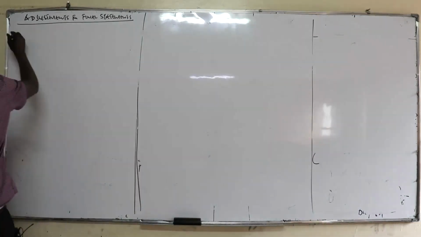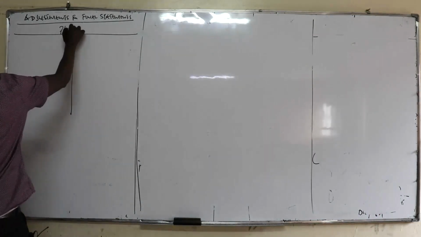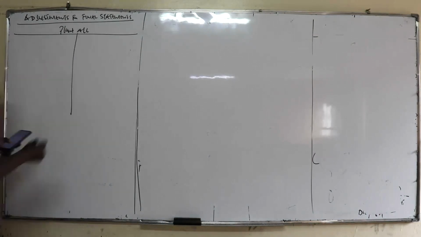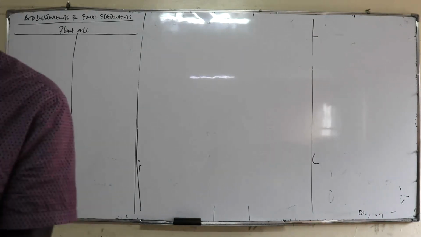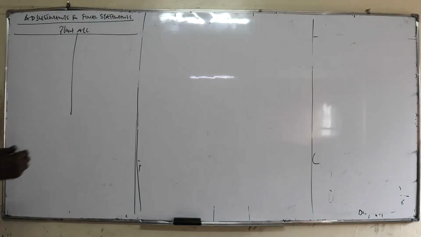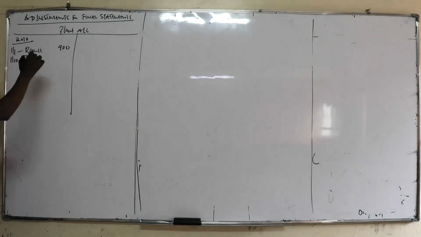We're going to open a plant account here, which is the asset account. We said when you buy an asset, you debit the asset and you credit bank. So here you write year 2010. On 1st January that year, they bought a plant for, you write there bank, 900. Then on 1st October that year again, they also bought another plant for how much?